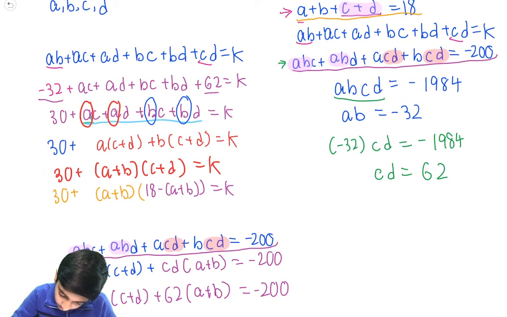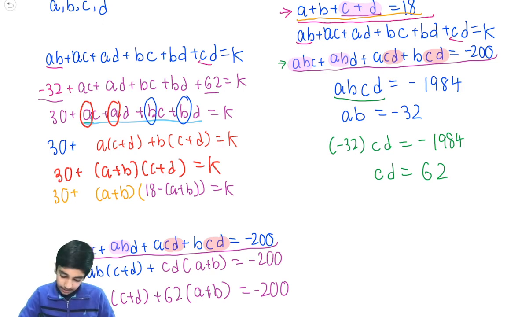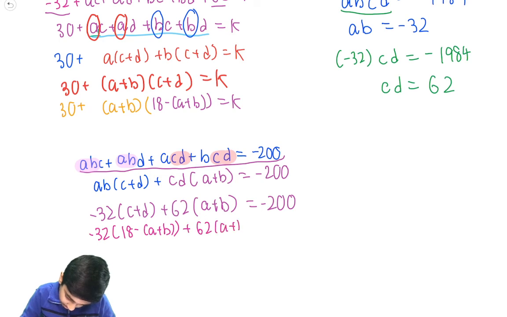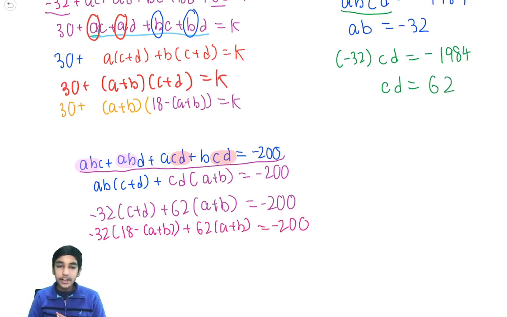So negative 32 times 18 minus a plus b plus 62 times a plus b is negative 200.